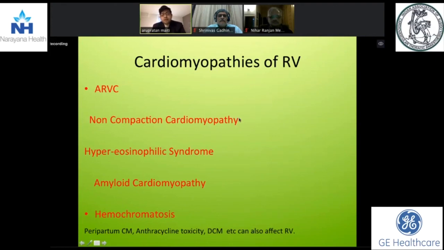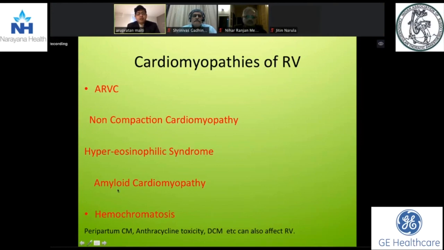Non-compaction cardiomyopathy, though it predominantly affects the left ventricle, in less than half of the cases it can affect the right ventricle as well, with increased trabeculation and recesses. Hypereosinophilic syndrome is an RV cardiomyopathy which mainly affects the RV apex with scarring of the apex and thrombus formation. Amyloid cardiomyopathy can affect both LV and RV.